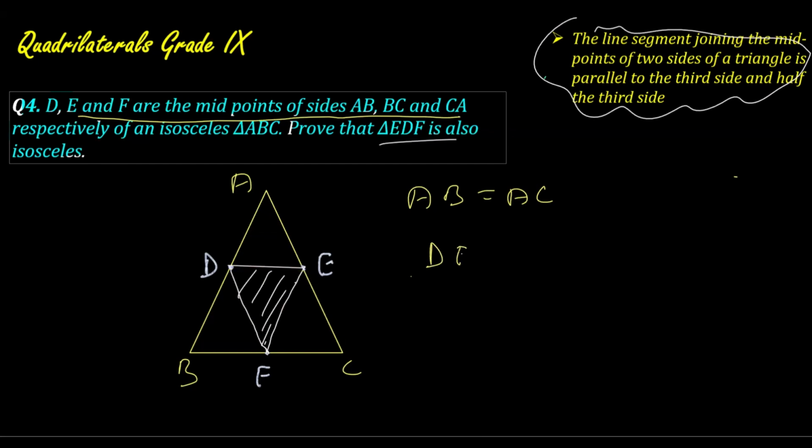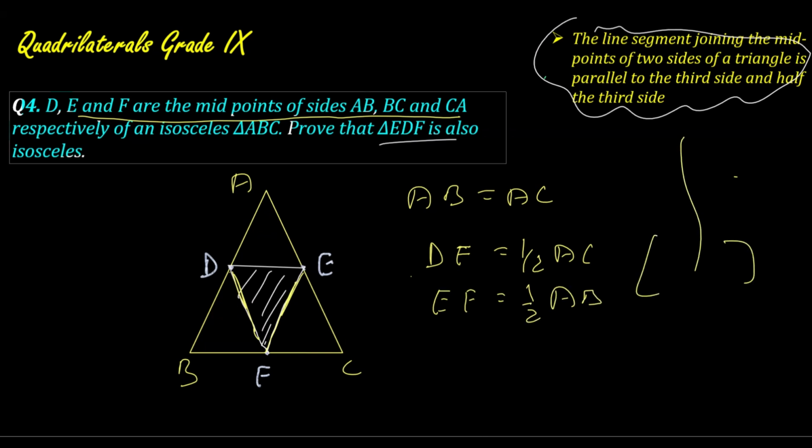That means here I'll take DF. This length DF will be parallel to AC and is half of AC. So DF is half of AC. And using the same property, I can say EF is half of AB. And the reason, as I said, is the midpoint theorem. Now check here. We have AB equal to AC.